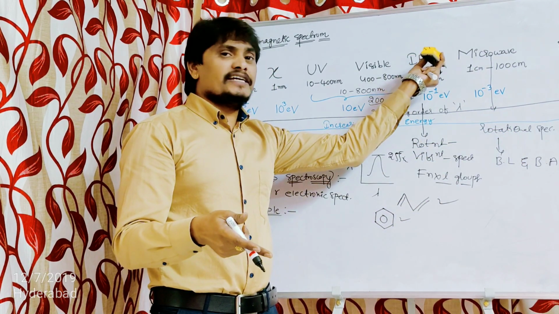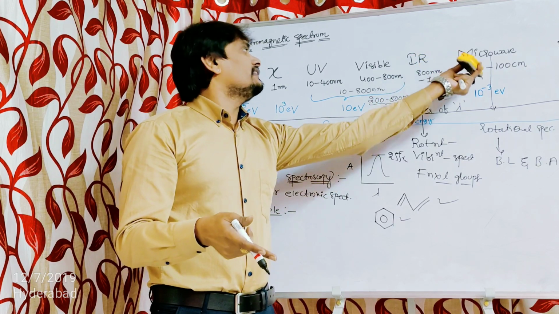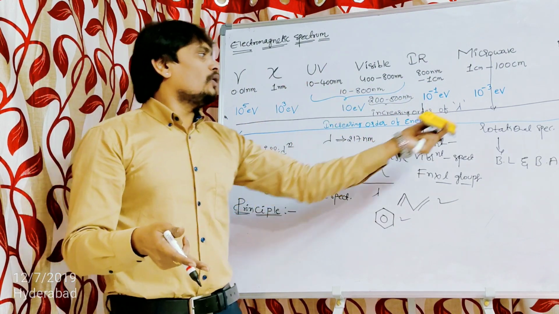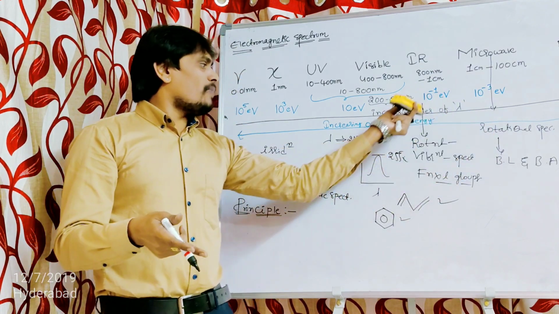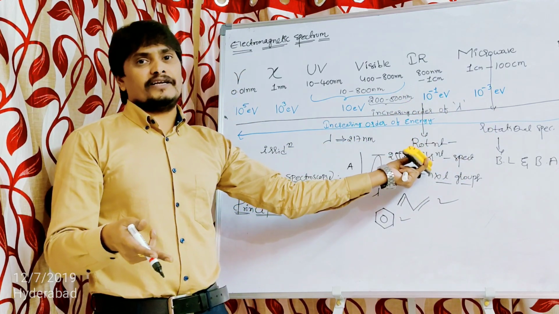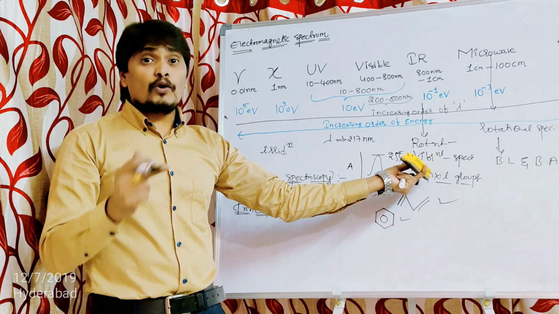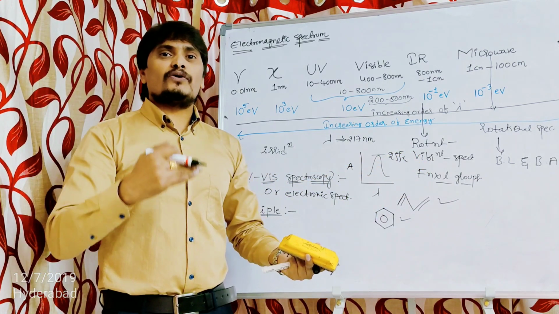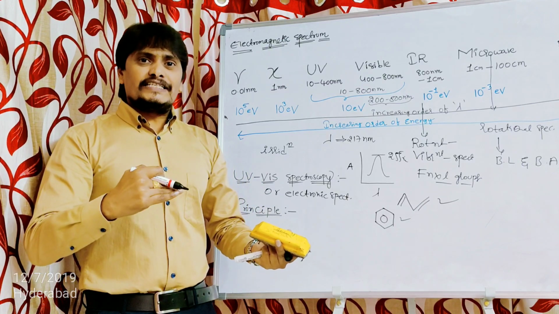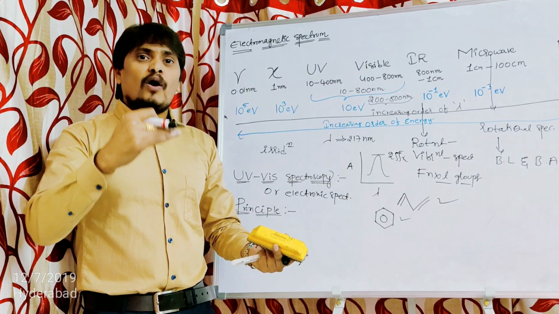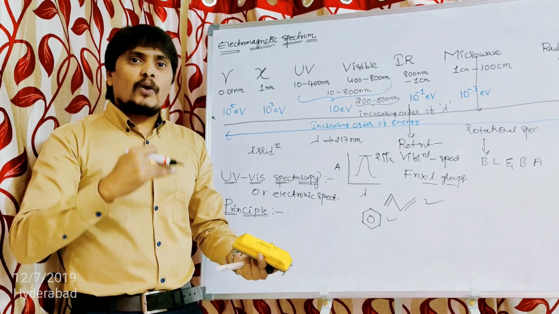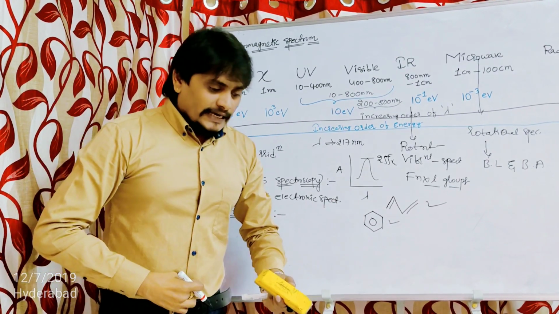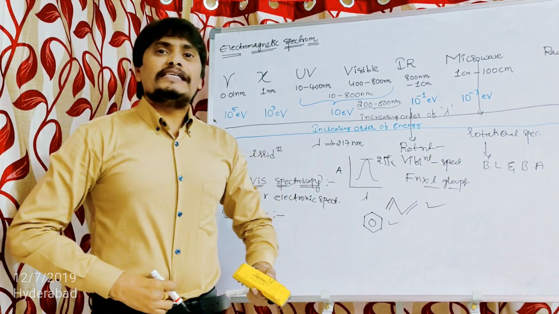Then it should come to the UV visible radiation. So rotation takes place, followed by vibration, followed by electronic transition. That is, the transition of an electron takes place from one energy level to another, or from the ground state to the excited state.